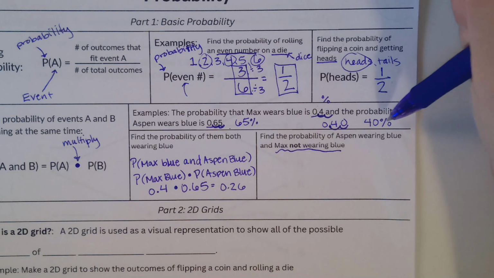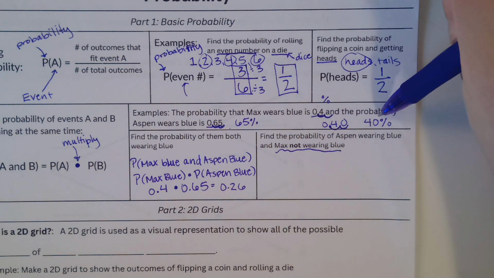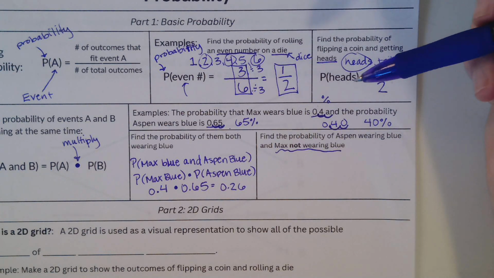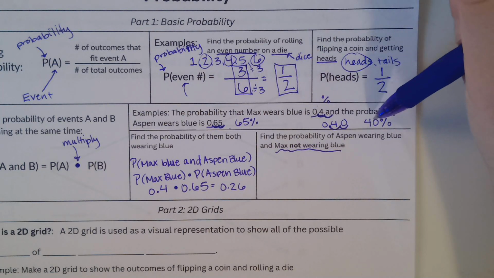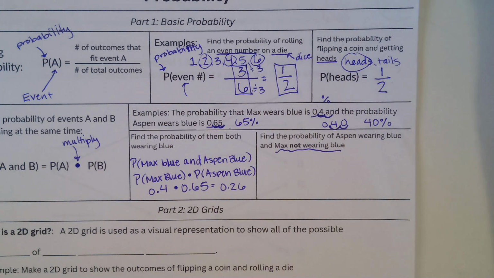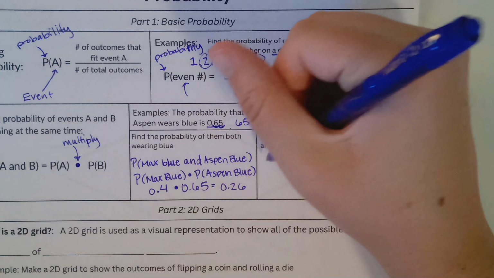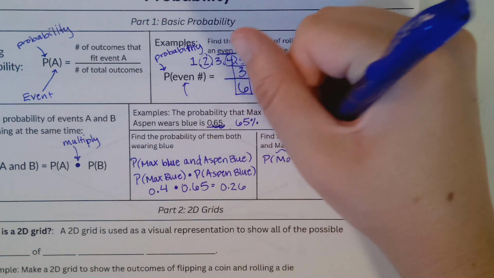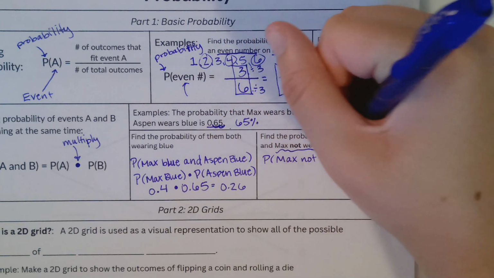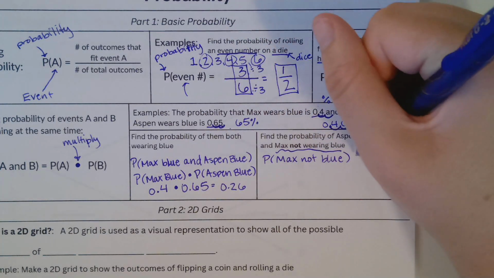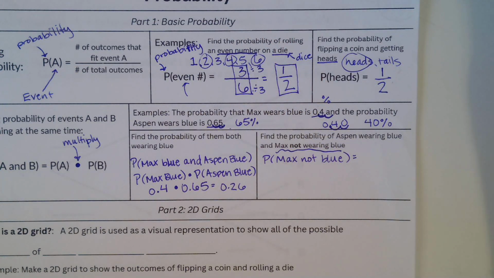So this is when I like to use the percentage thought process rather than the decimal. It says that he has a 40% chance of wearing blue. So the probability of Max not wearing blue is going to be the opposite of that. 100% of the time he's either wearing blue or he's not wearing blue.